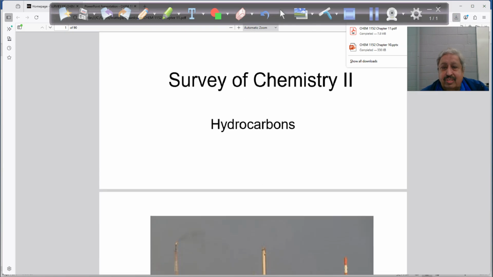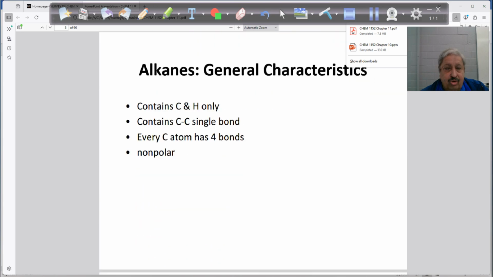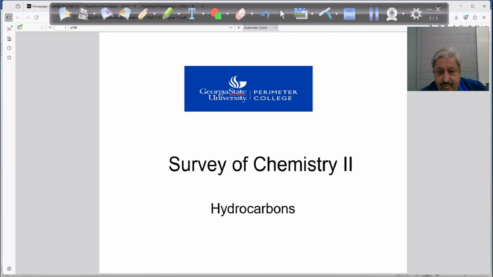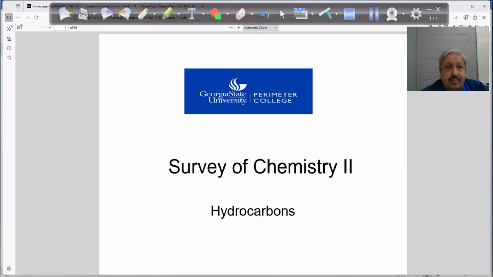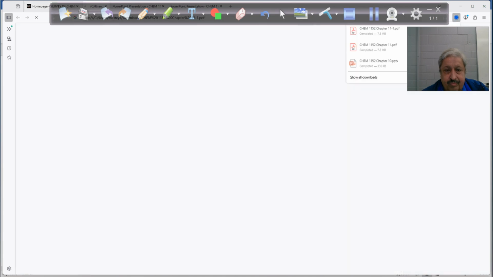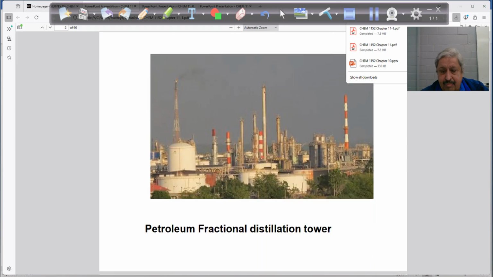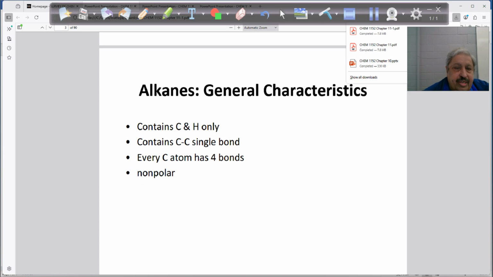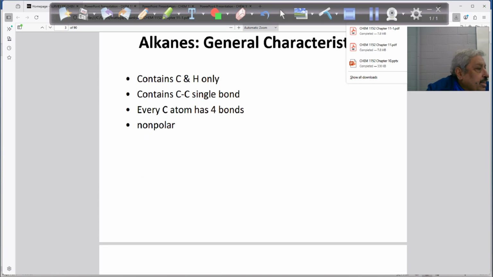Hydrocarbons. Chapter 11. I'm not going through the whole thing, but next when we meet, I think Thursday, we'll go through this. We talked about the alkanes being, in general, not polar. The hybridization is sp3.